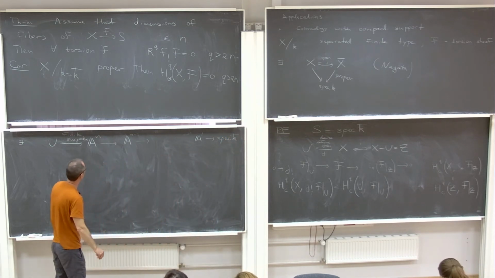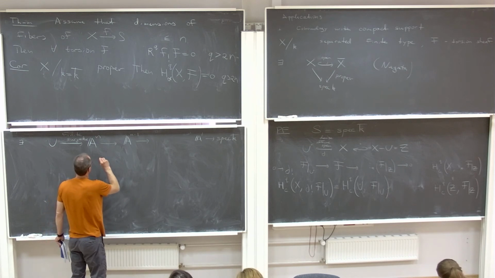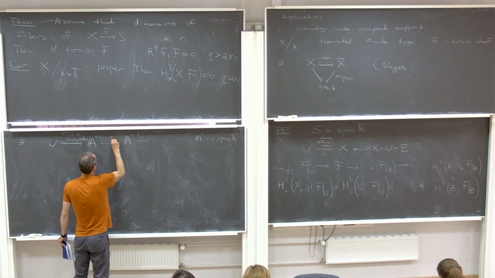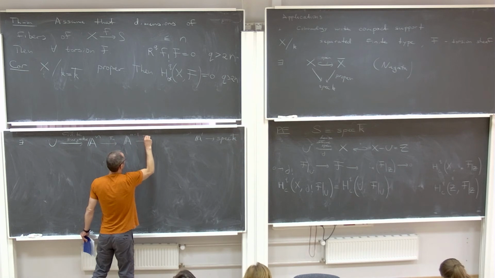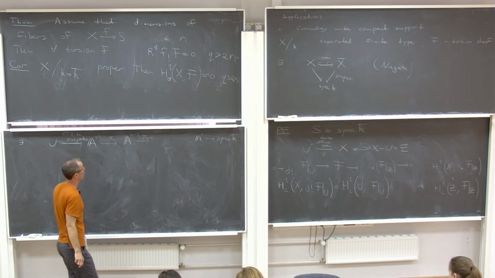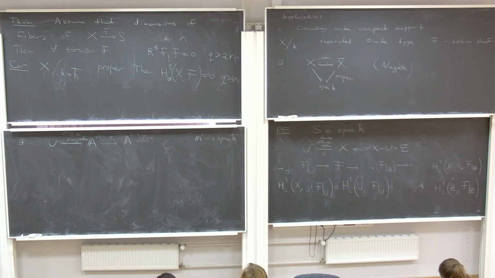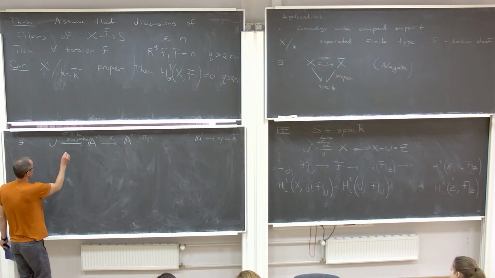And I'll give some names to these projections. So this will be pi n, and this will be pi n minus 1, and so on. And let's call this map g.